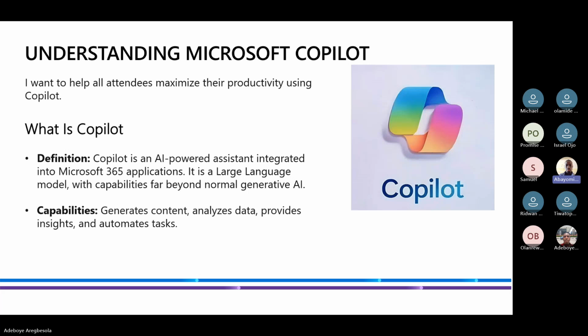Maybe you want to make some posts on LinkedIn, you can generate the content from Microsoft Copilot. You can also analyze some basic data. It can give you insight on so many things, like managing your days or answering basic questions. It can also help you automate tasks. So you can move to the next slide.